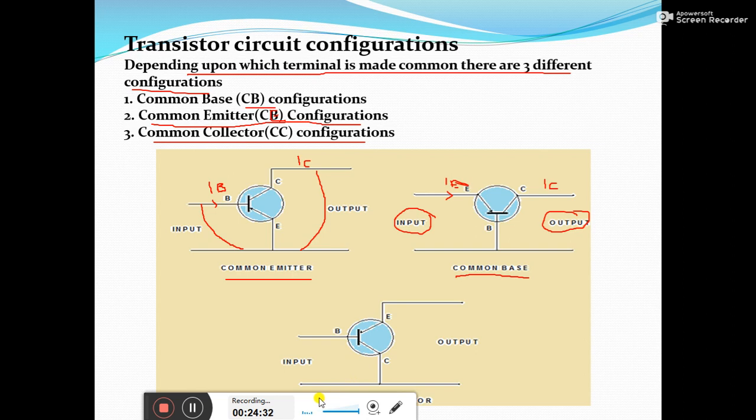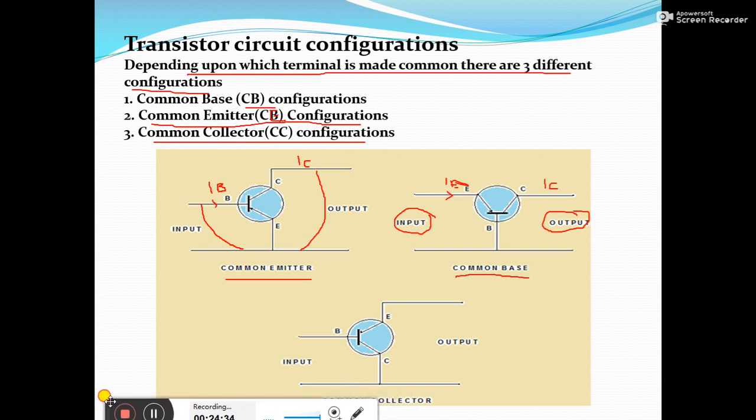And in case of common collector, the input voltage is applied between the base and collector, and output voltage is taken between the emitter and collector terminals, and here also the input current will be IB only, and the output current will be IE.